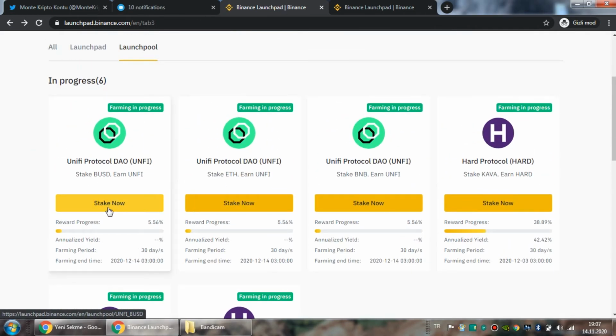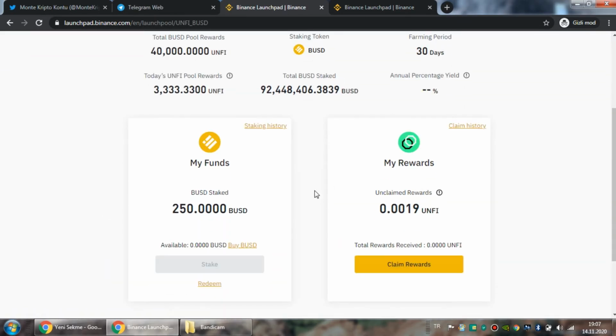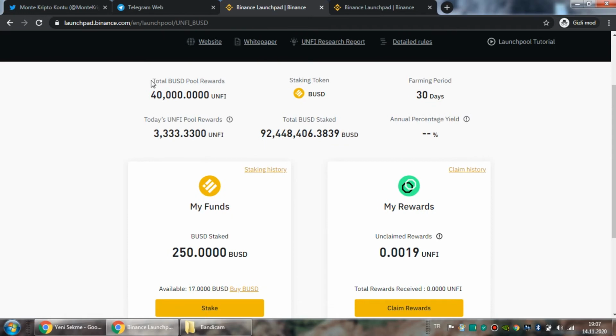Also I can stake my BUSD. Actually I staked my old money in here, but I want to show you how you can do it. For example, in this pool, the total BUSD pool reserve is nearly 40 million, and today's Unifi pool reserve is 3,333.